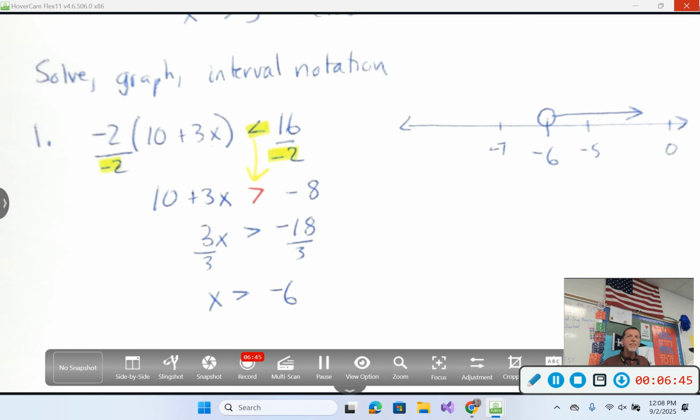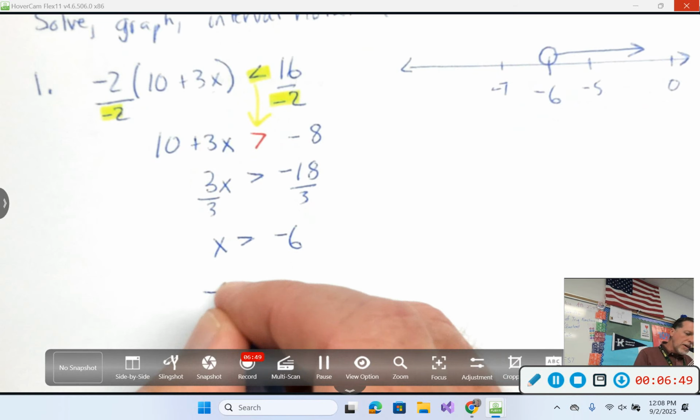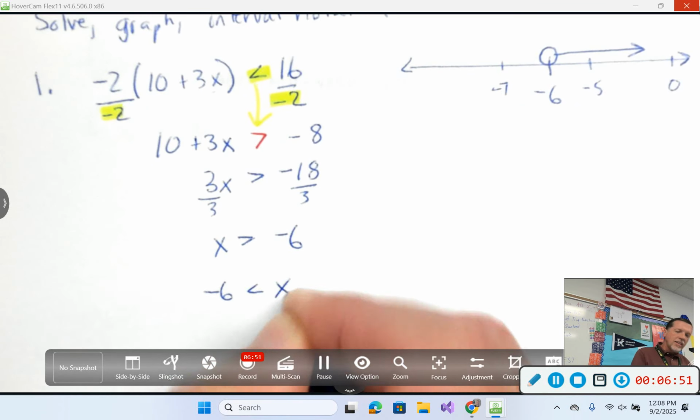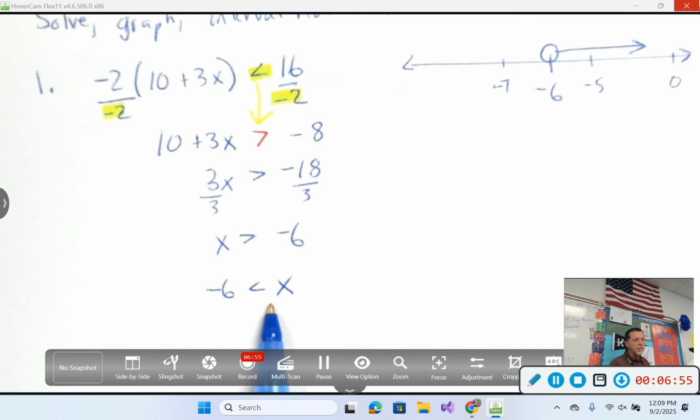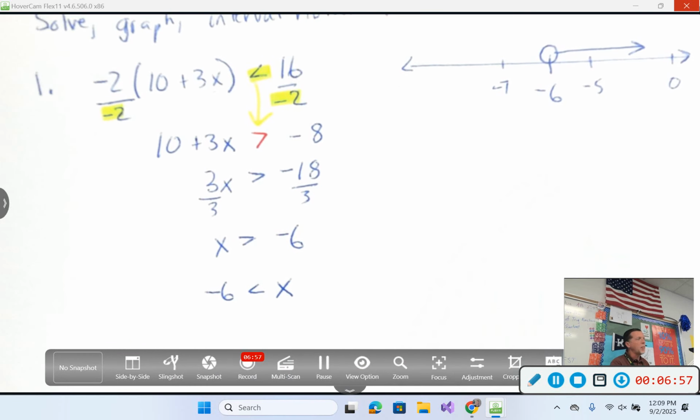Okay, the little trick of, oh, the arrow is pointing to the right. Well, maybe. But if I wrote negative 6 is less than x, the arrow is pointing to the left, but the solution is this. Who writes it like that, though? If you're solving an equation where x is already on the right, sometimes you land with this. Yeah, but then I always flip it in my mind.